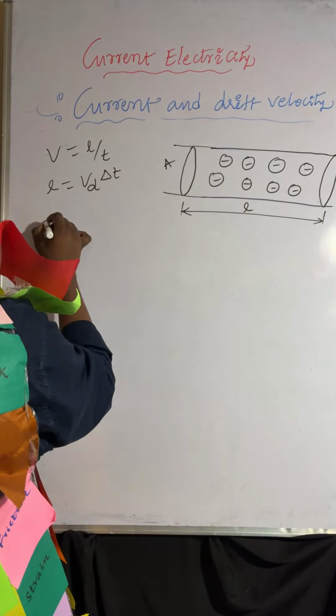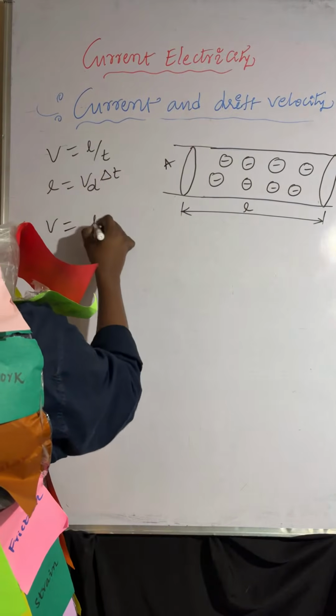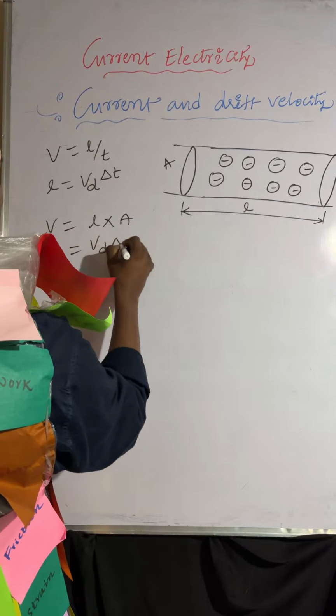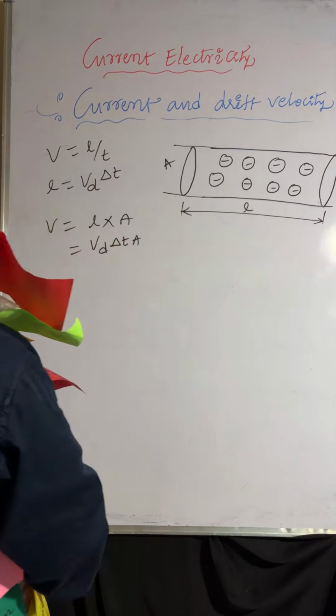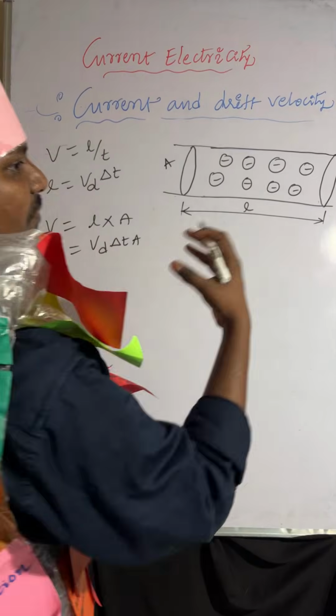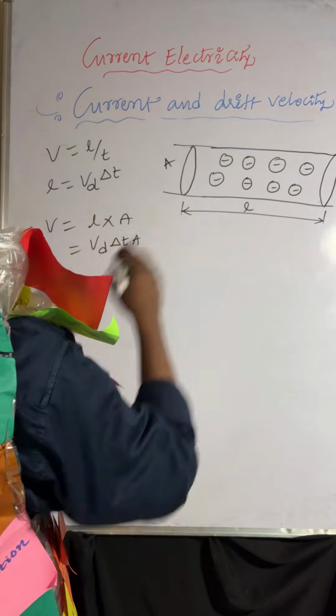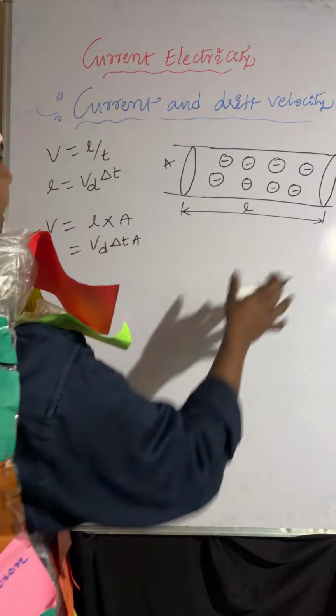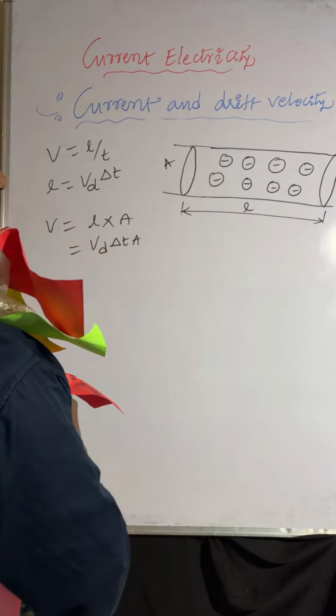So volume equal to length into area. Length is nothing but V_d delta T, into A. Okay, electron density. So in this volume, the electrons are present, right?